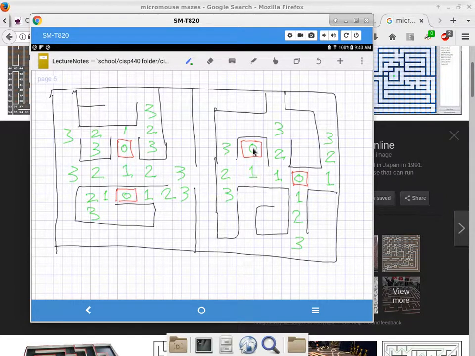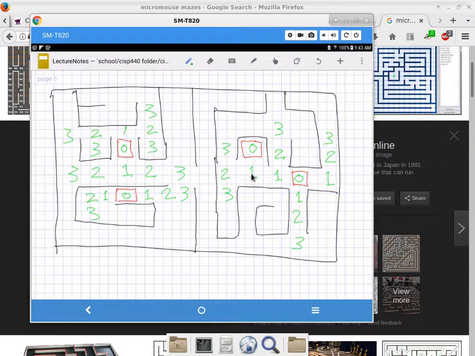So this 1 is here because of this 0. This 1 is here because of that 0. So these 2 1s never conflicted with each other because they came from different zeros. But when we expanded from 1s to 2s, this 2 is here because it's right next to a 1. But this doesn't get relabeled as a 2 because the new label of 2 is more than what it already has, which is a 1.